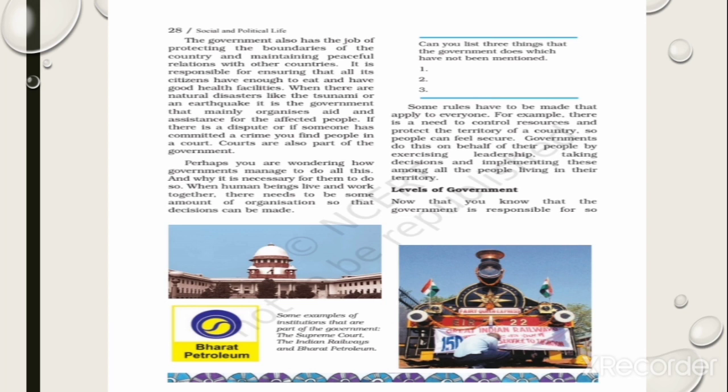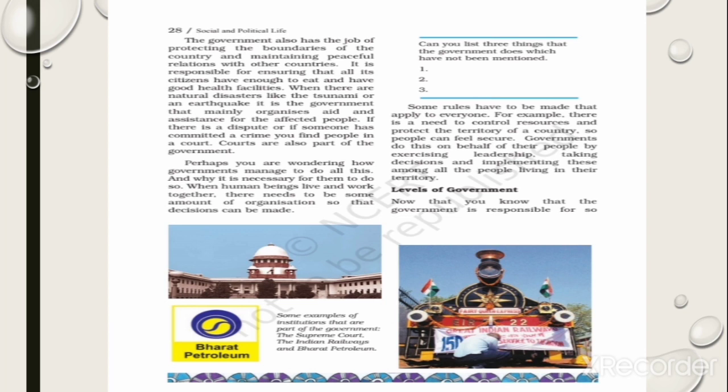The government also takes measures to control the resources and protect the territory of the country, so the people of the particular country will feel secure. And this is done on behalf of the government, by exercising leadership, taking decisions, and trying to implement these among the people who are living in their territory or their country.